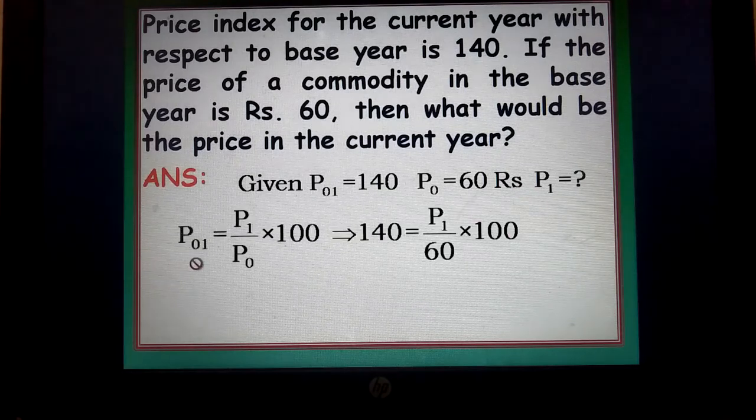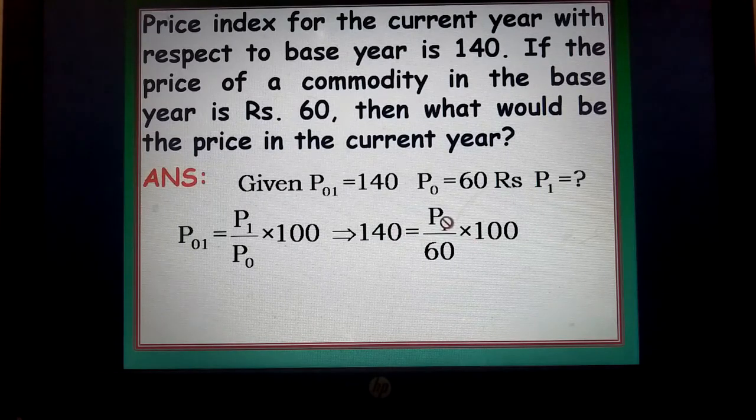So P01 is equal to P1 divided by P0 multiplied by 100. This P01 is nothing but 140. It is given already. P1 to be found out, so keep it as it is. Then P0 is equal to 60, already given, multiplied by 100. So what goes now? Further arithmetic calculation has to happen.